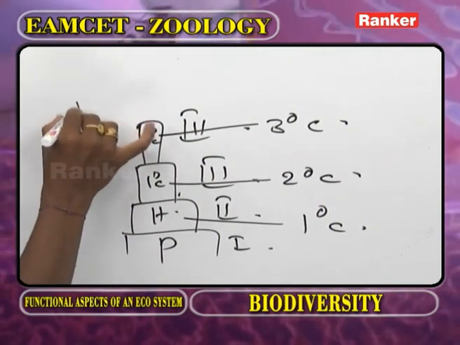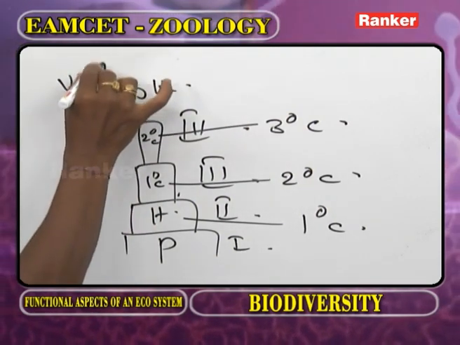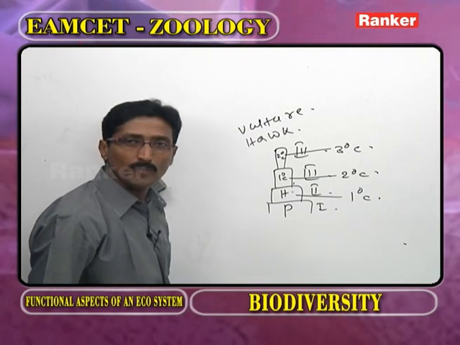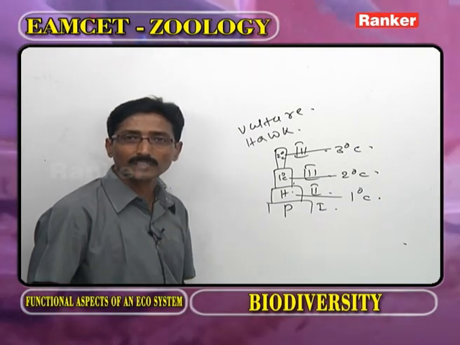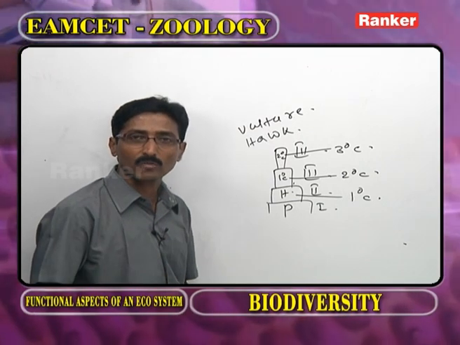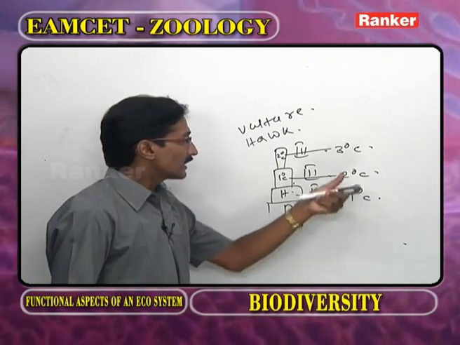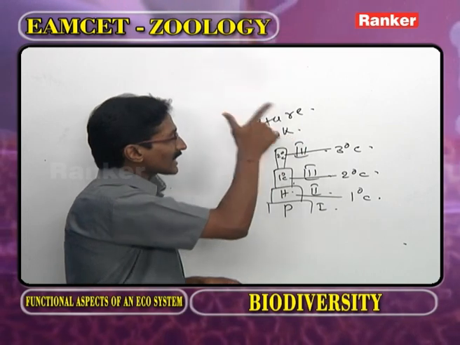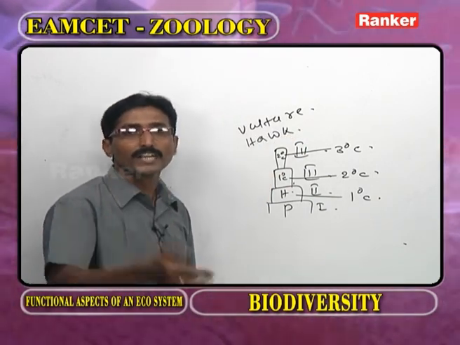Here one example is the hawk or the vulture. The tertiary consumer or secondary carnivore is not eaten by any animal. That is called the climax carnivore. What type of animal can eat the tertiary consumer? After the death of the tertiary consumer, its body is eaten by the decomposers.